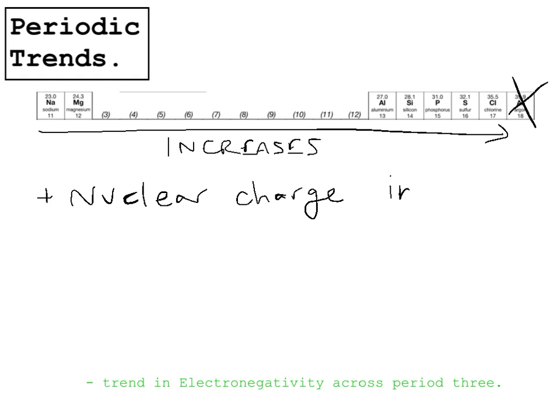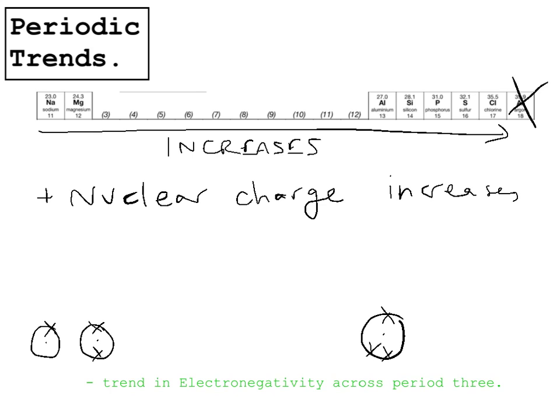Nuclear charge increases. The other reason is that as you go across the period, the extra electron that the atoms gain does not go in a shell further away from the nucleus. So, for example, sodium, it will go there. For magnesium, it will go in the same shell. For aluminium, it will go in the same shell, and so on.